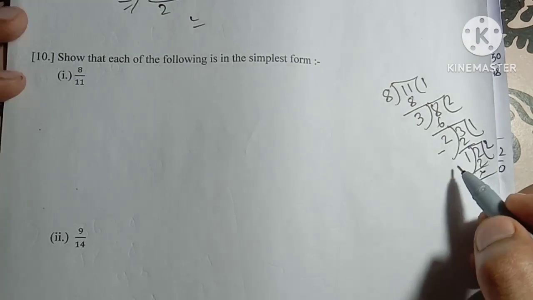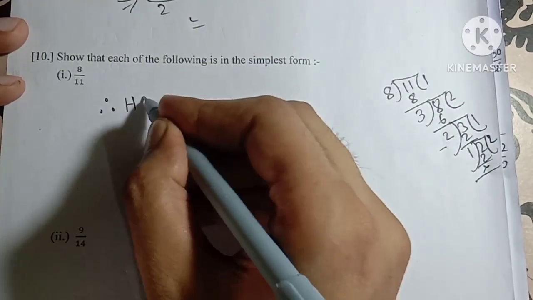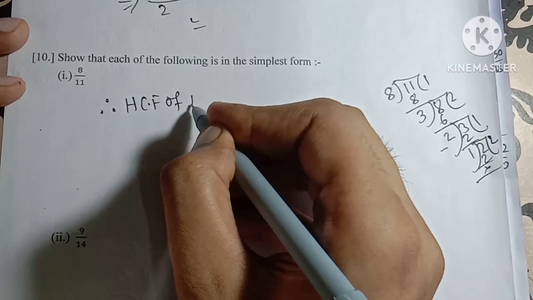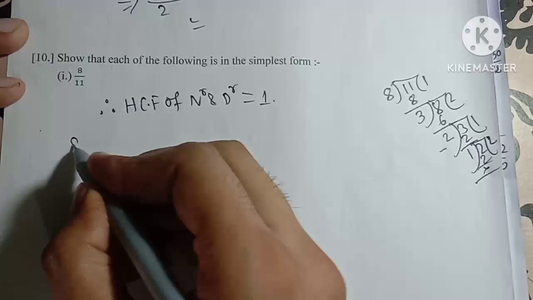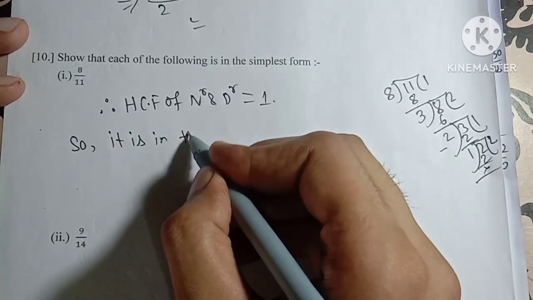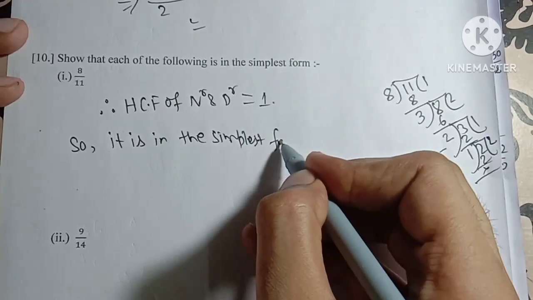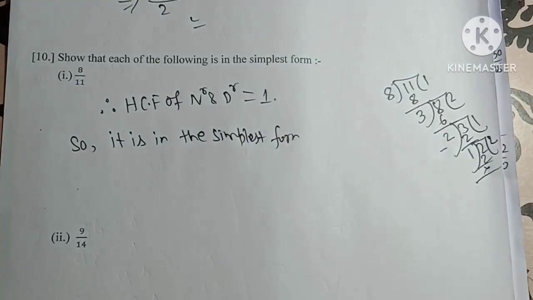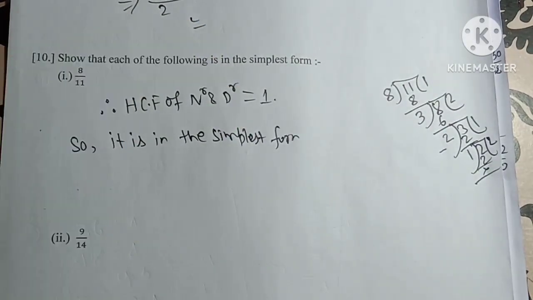So here the last divisor is 1, so we can say that therefore HCF of numerator and denominator is equal to 1, so it is in the simplest form.